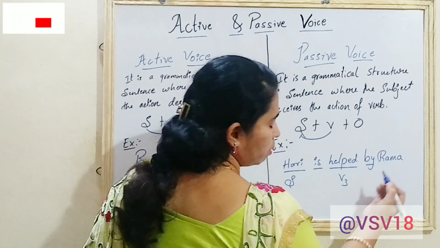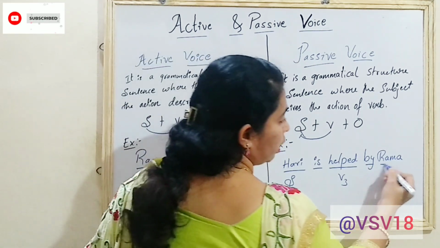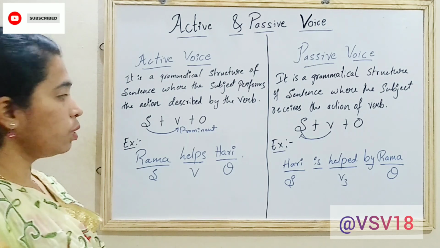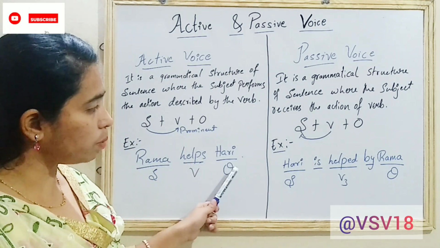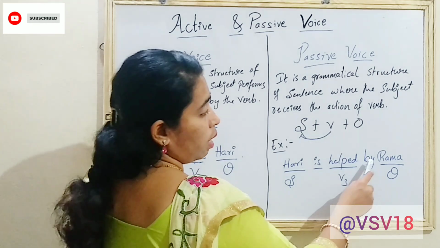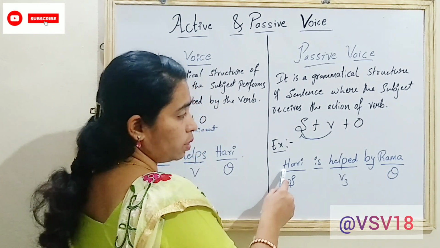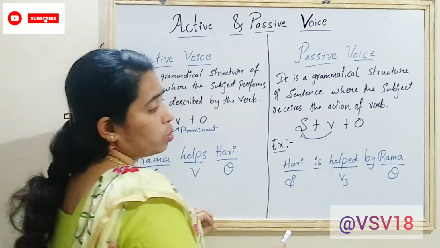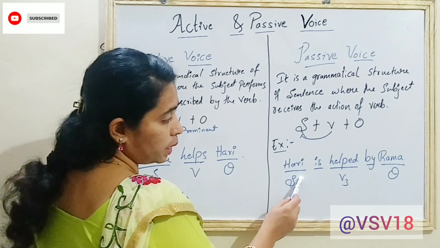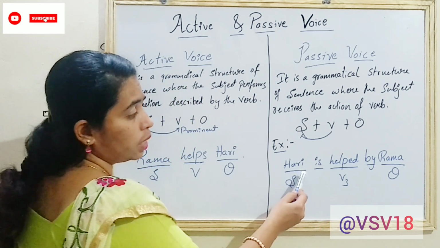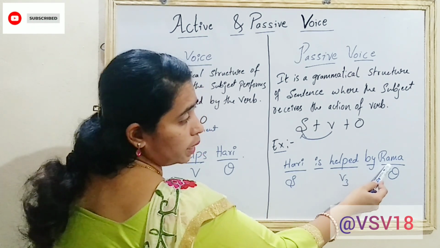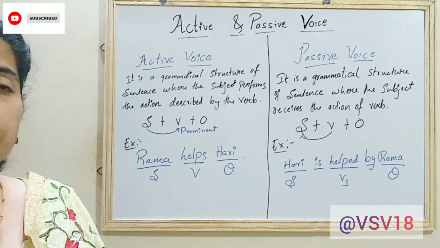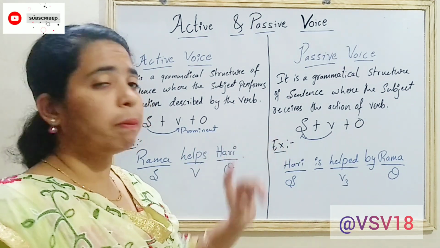"By" is the medium which is followed, and Rama is the object. So here subject acts on object, and here object and verb act on subject. The subject receives the action of the verb. So clearly the subject Hari is receiving the action. By whom? By the object Rama. So this is the major difference between active and passive voice.